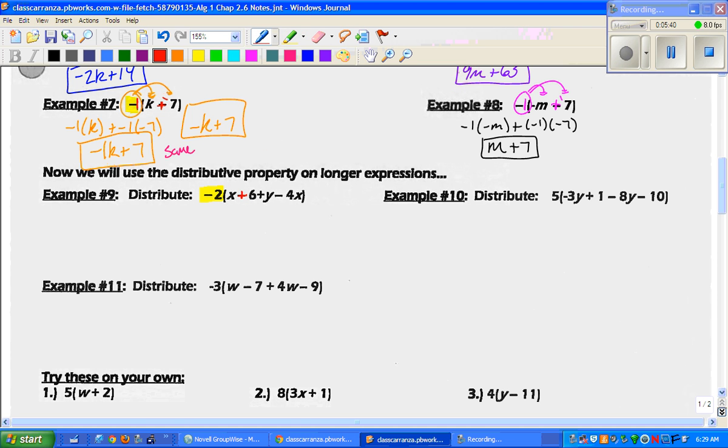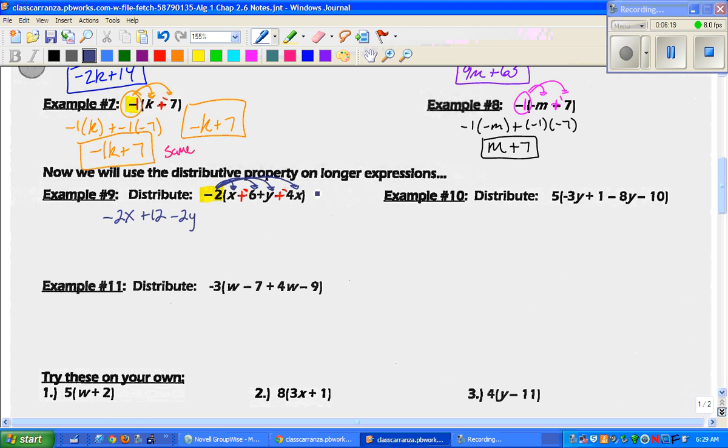I'm going to go through and do click with everything. -2 times x gives us, oh, not k, -2x. -2 times -6 gives us +12. -2 times y gives us -2y.